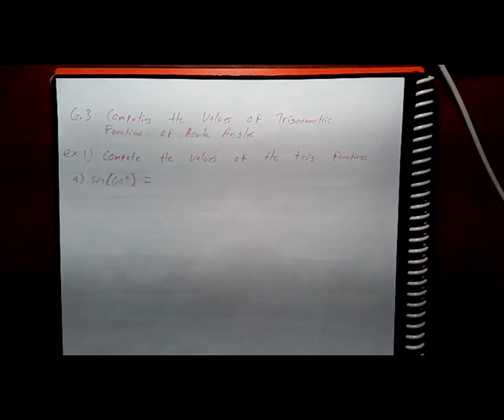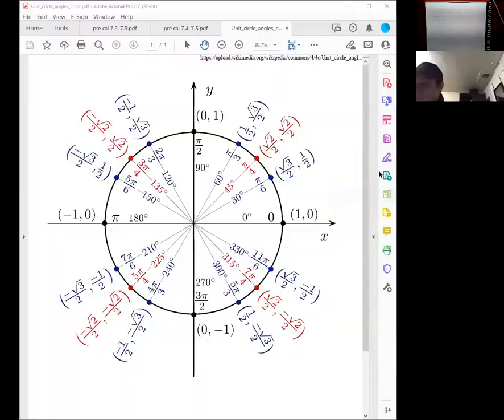Let's look it up. So all these first few questions, all they're going to ask for is what is the value on the circle? So sine of 60 is right there. The y value is square root 3 over 2. So that's all you're going to put in your homework, square root 3 over 2.